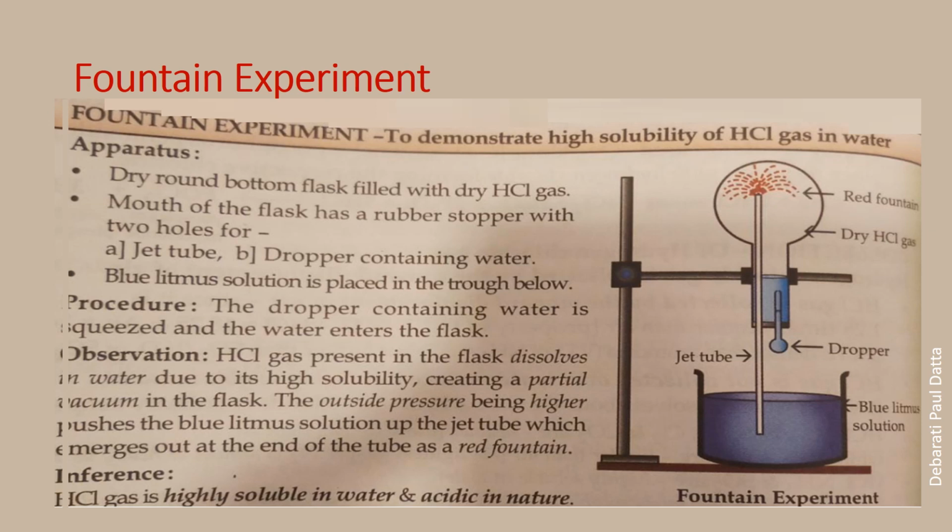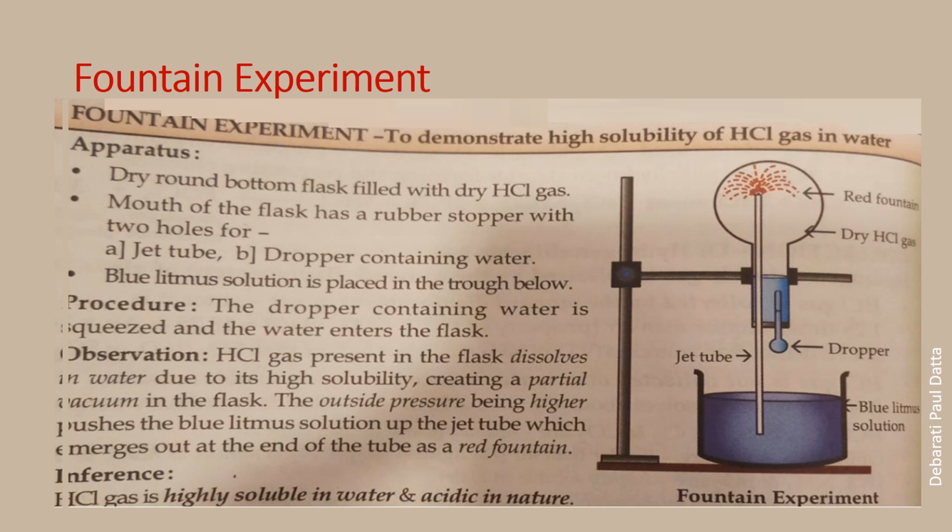We need a dry round bottom flask which is filled with dry hydrogen chloride gas. The mouth of that flask has a rubber stopper with two holes, one for the jet tube and one for the dropper which has water in it.